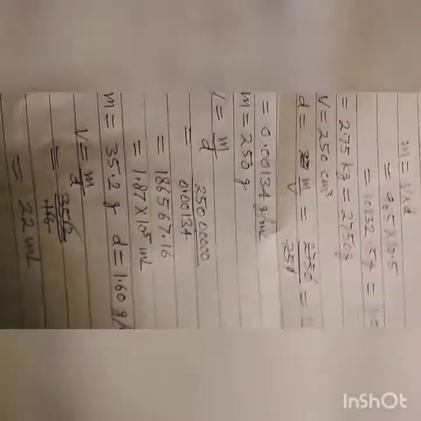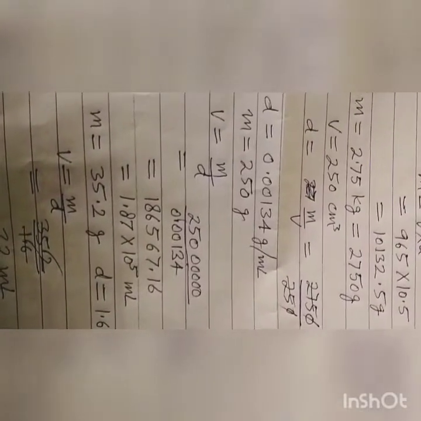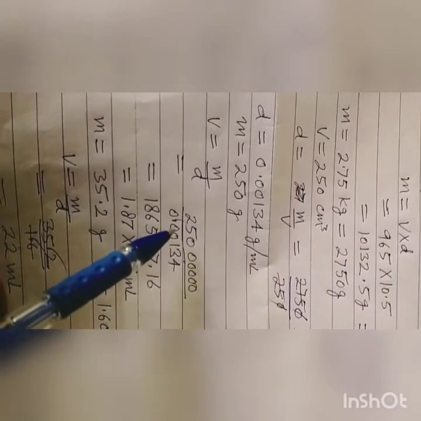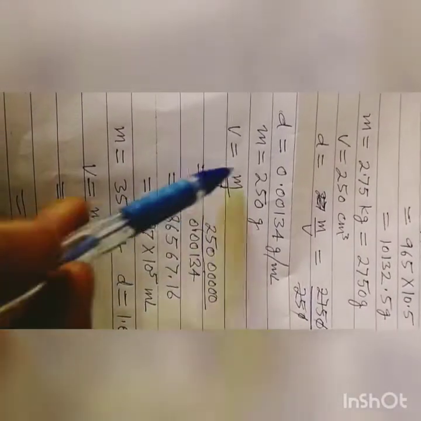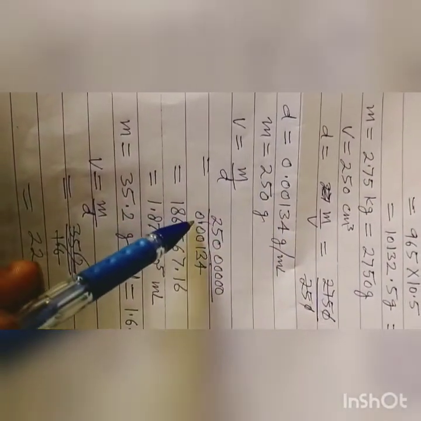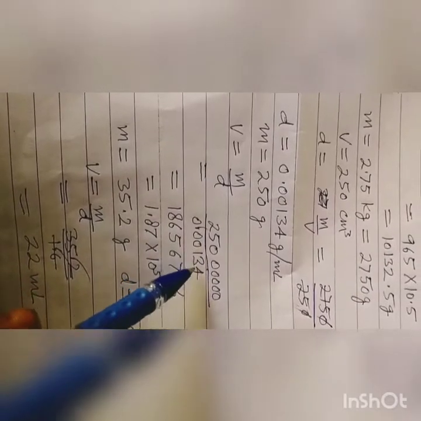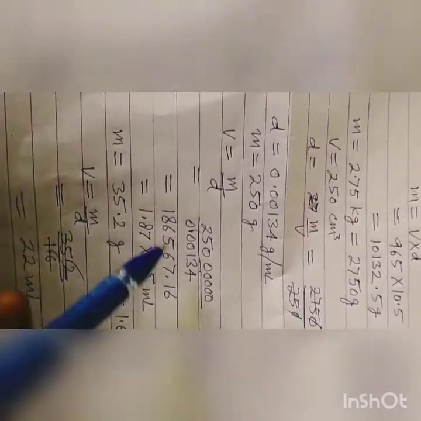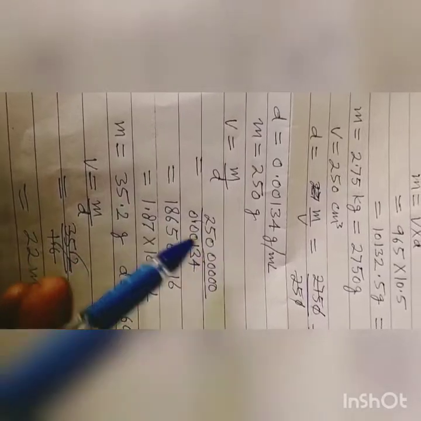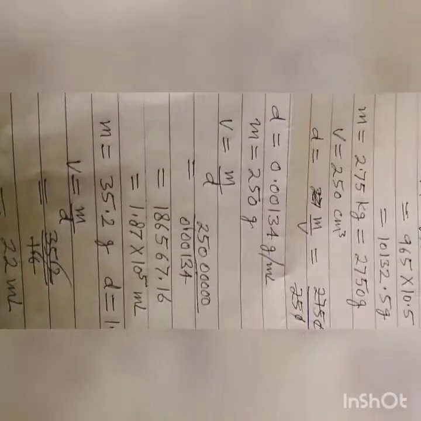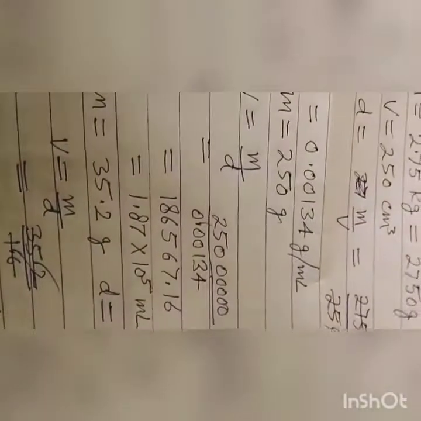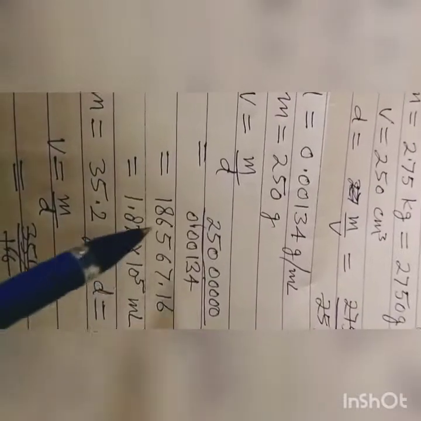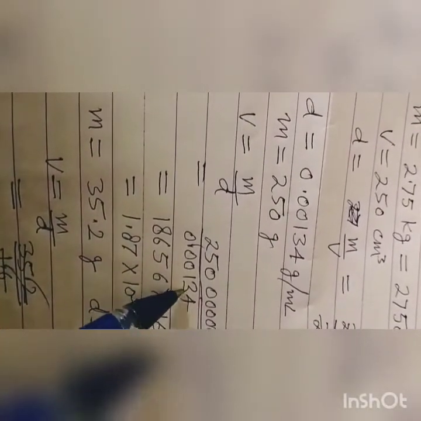Right here the mass is 250, and the density is 0.00134. Now when you remove the decimal, you have to put the 0 over here. Count the digits, how many digits are there after the decimal: 1, 2, 3, 4, 5.